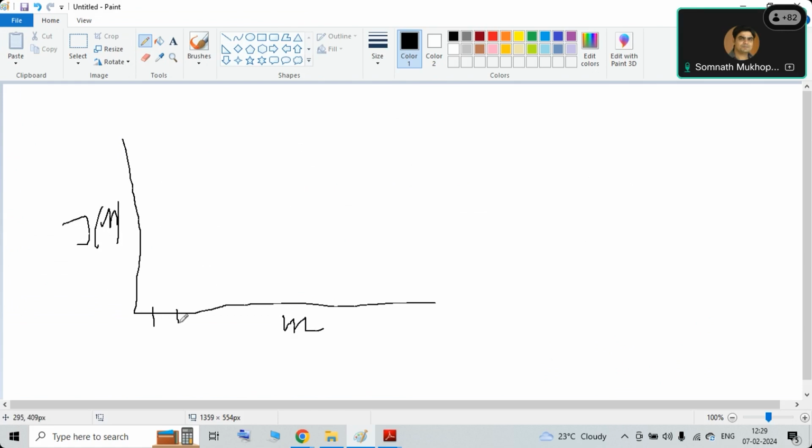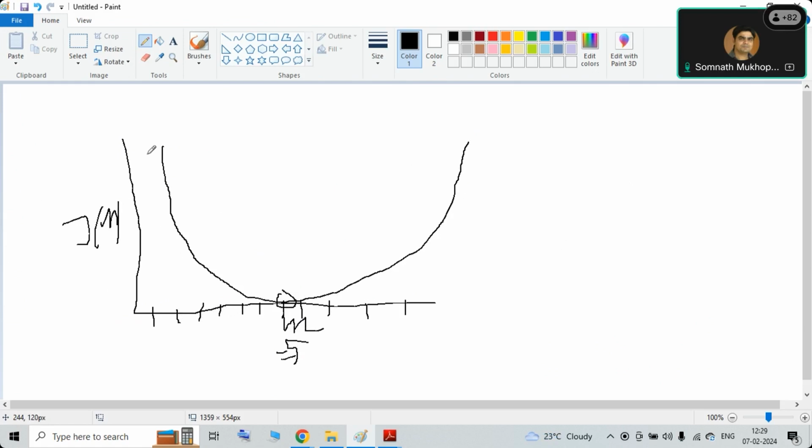Suppose the axis is m here and this is J(m), the cost function. If I consider many different m values, we find the corresponding error, the difference between the actual and predicted output. If we plot this, it may look like this.